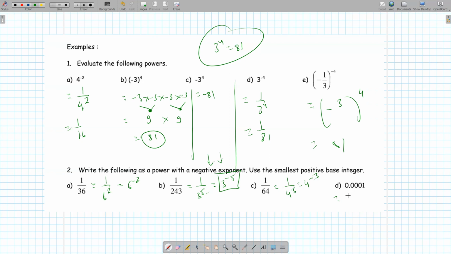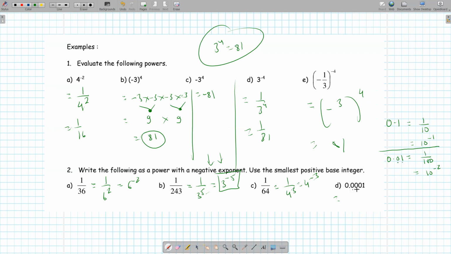I'm not sure. How about we do this? 0.1 is 1/10, yeah? Which is 10 to the power -1. The 0.01 is just 1 divided by 100, which is 10 to the power -2. You count how many digits you have after the decimal.